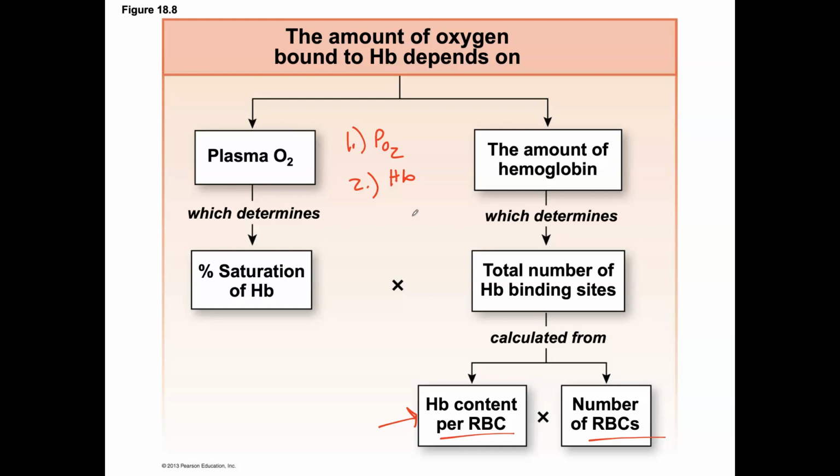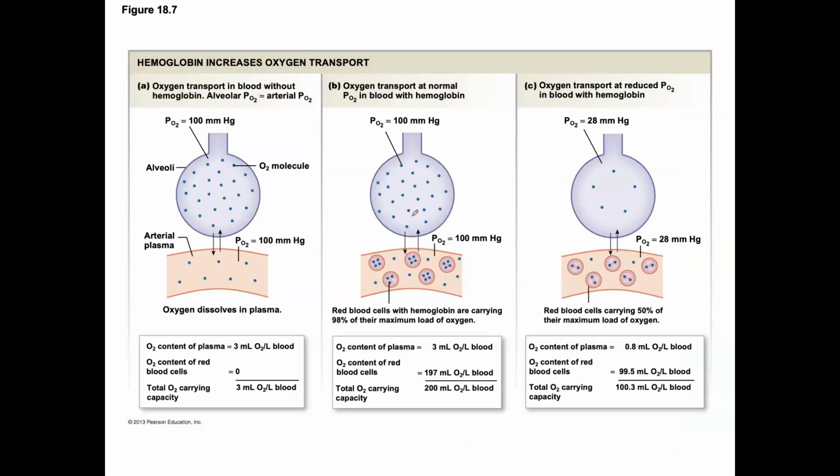A way to demonstrate that to you is to look at a diagram like this. This is showing us how partial pressure and also availability of hemoglobin affects how much oxygen we can actually transport in the cardiovascular system. So plasma partial pressure of oxygen oftentimes is the primary factor for determining percent saturation of hemoglobin with oxygen.